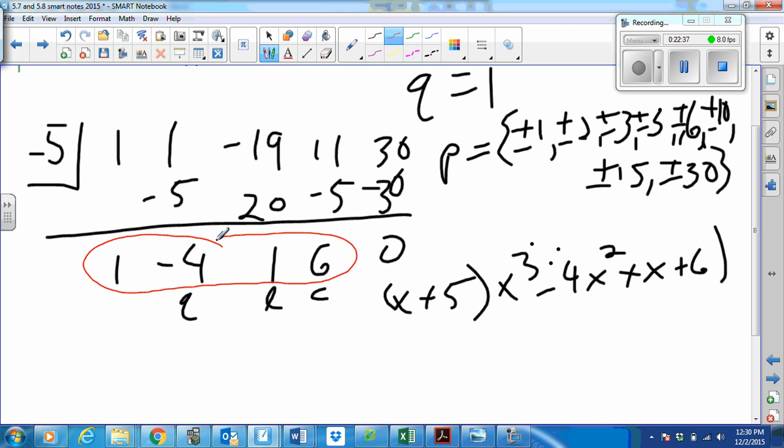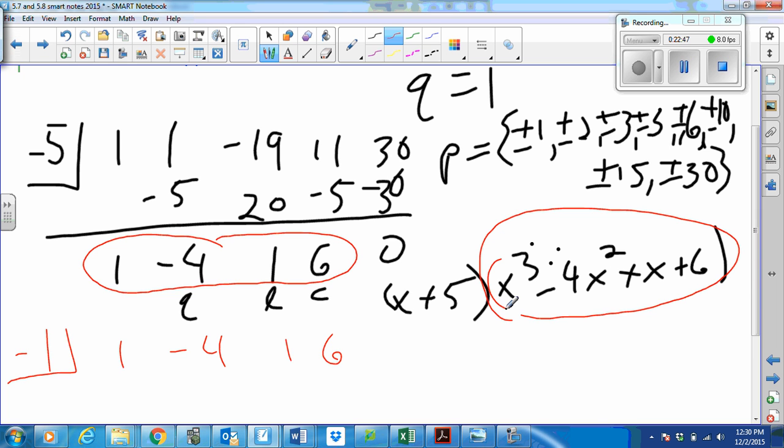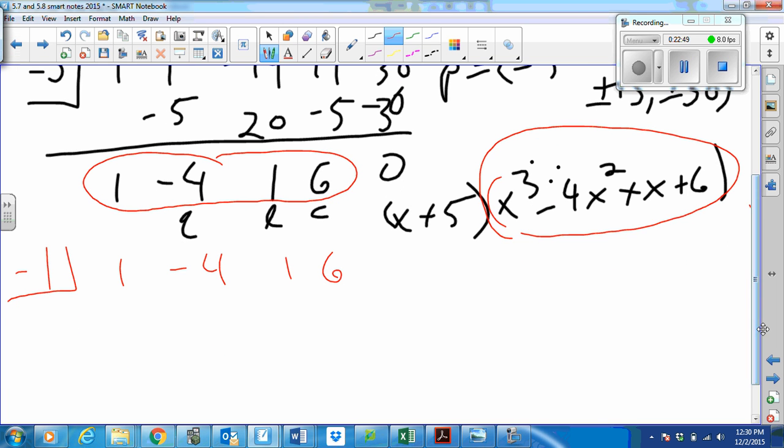This is what I need to use now. And so I'm going to say negative 1. And that's going to go into 1, negative 4, 1, 6. So that's basically breaking down this cubic. When I do that, I get 1, negative 1, negative 5, 5, 6, negative 6, 0.